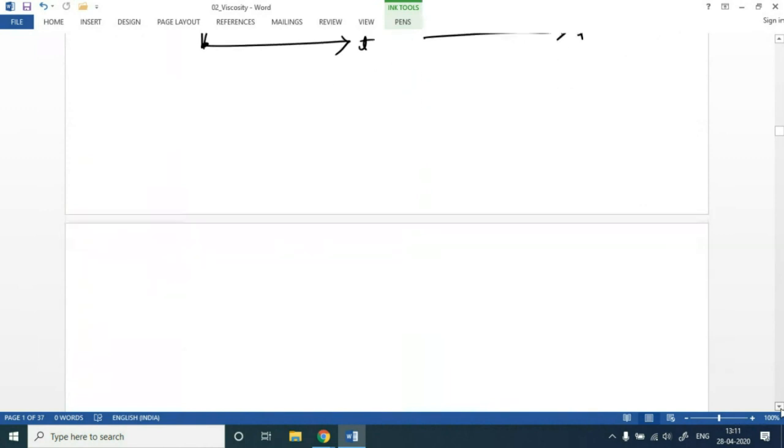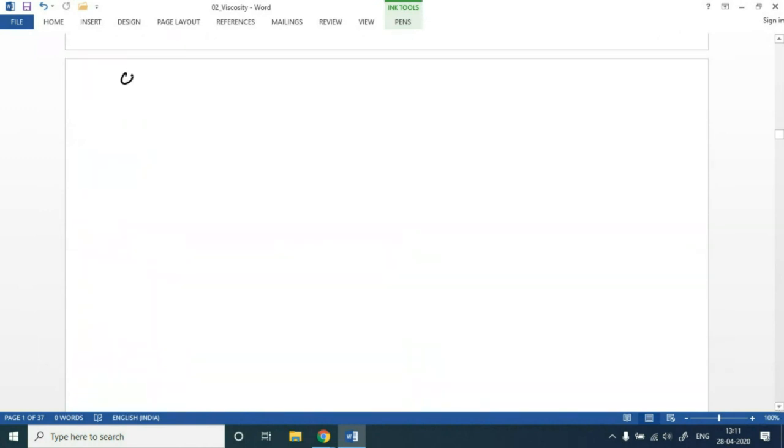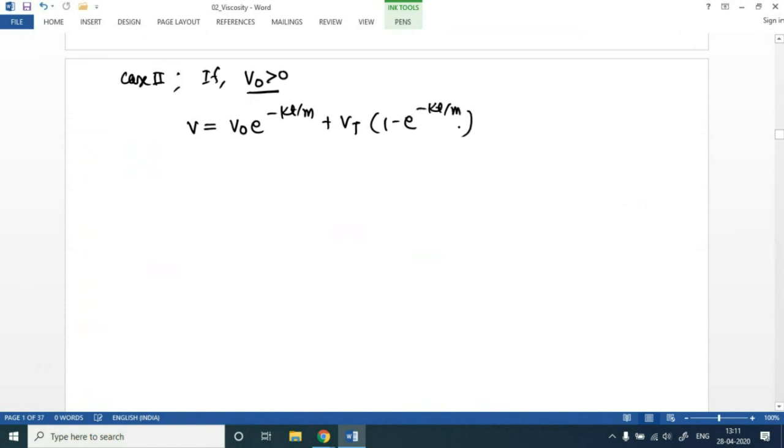Now let's look into the next case, case 2, where v naught is positive, meaning the body is projected vertically downward. In this situation, v will be equal to v naught into e to the power minus kt by m plus vt into 1 minus e to the power minus kt by m. We have already looked into this relationship, and let's investigate it further.